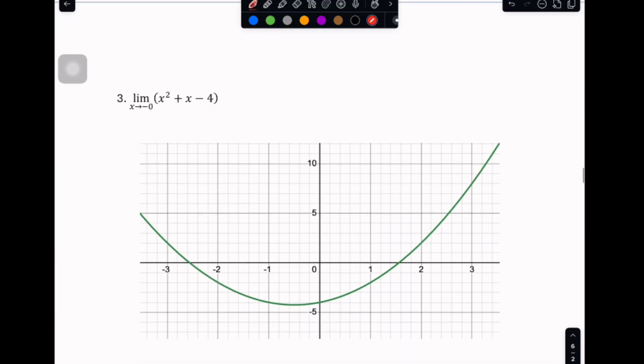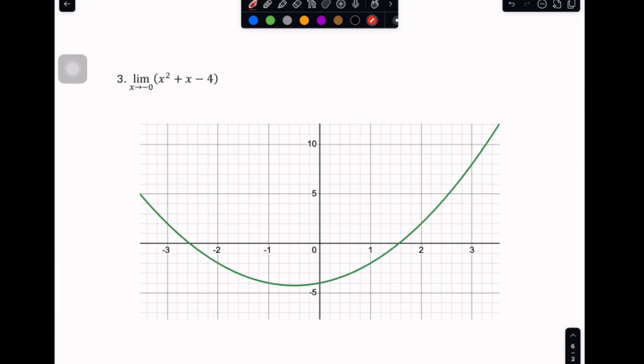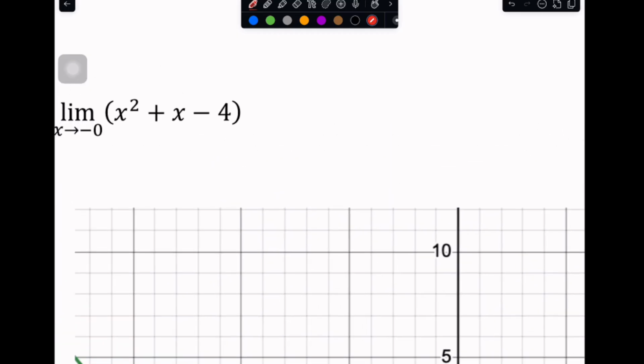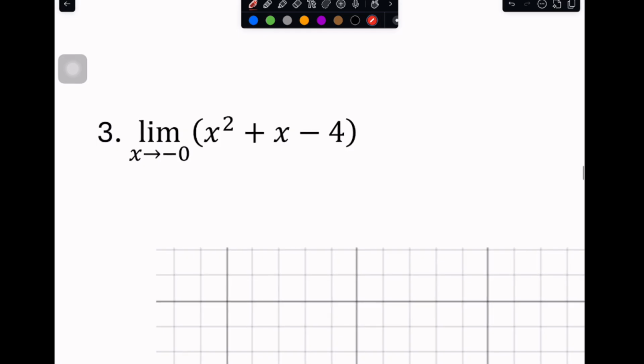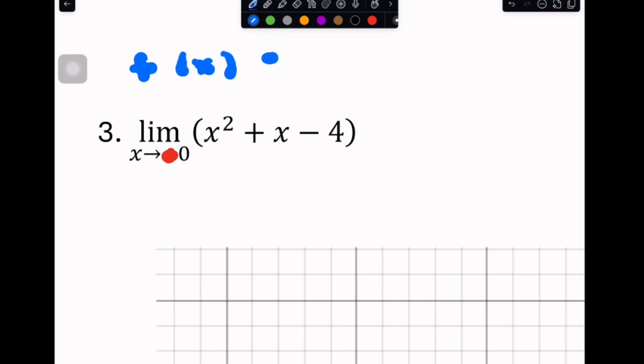Is this a polynomial function? It's polynomial? How do we know? What's the degree of that polynomial? Oh, and then there's a typo here. There's no such thing as negative 0. Sorry. I think I just changed it. I got to fix that. What's the function? F of x is x squared plus x minus 4.